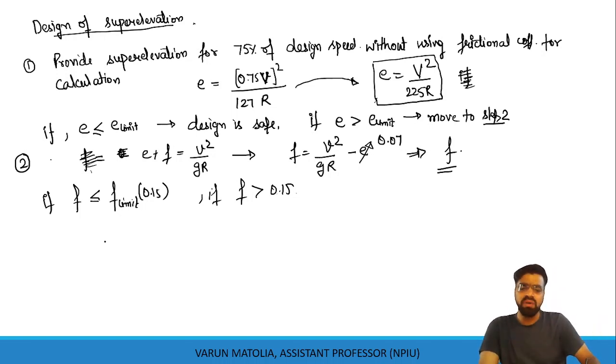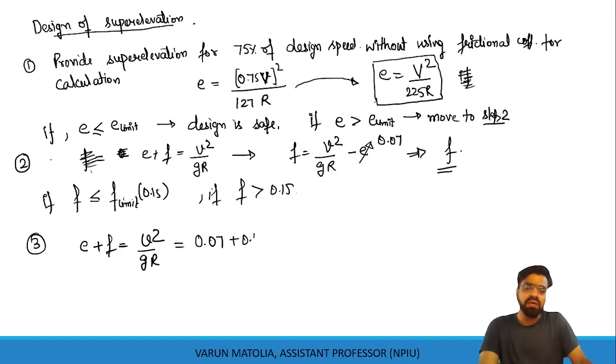So finally, for the third step, we will put limiting values of both: E plus F equals V square by GR. We can write E as the limiting value for plain terrain 0.7 and F is 0.15. So it will be V square equals 0.22 times GR, and this can be written as V equals square root of 0.22 GR.